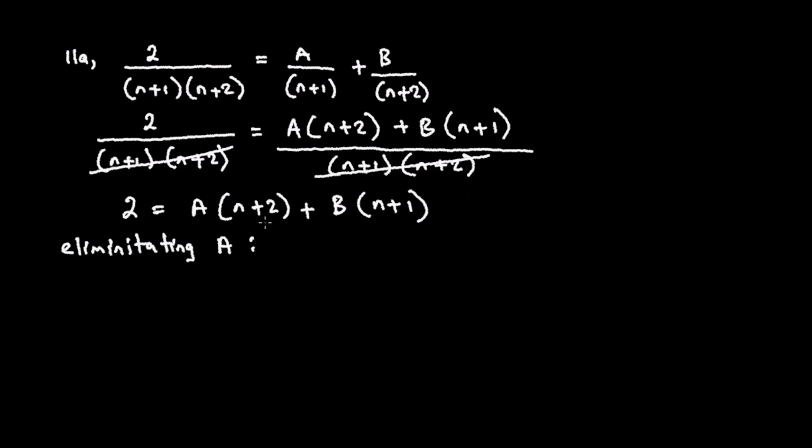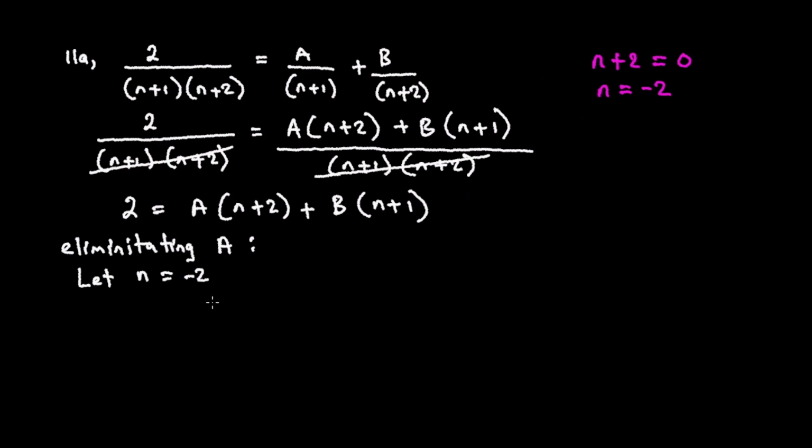If we want to eliminate a, we just have to make this bracket equal to 0. Since the bracket is n plus 2, to eliminate a, we let n be equal to minus 2. If you want to do it another way, you can just take the bracket n plus 2, equate it to 0, then n is equal to minus 2. This means if you replace n with minus 2, this bracket becomes 0.